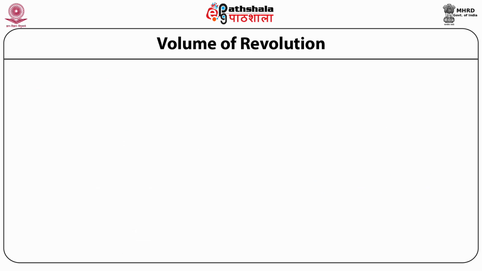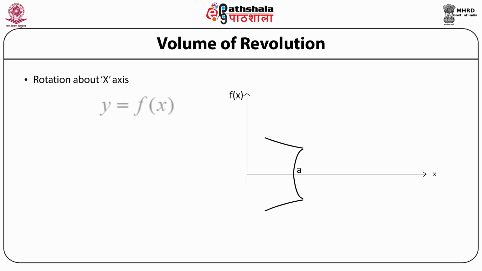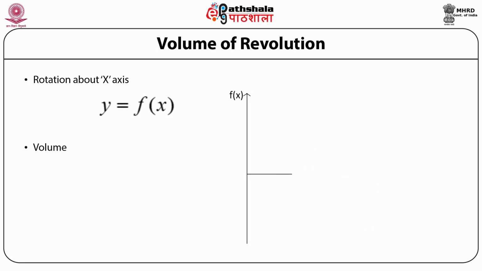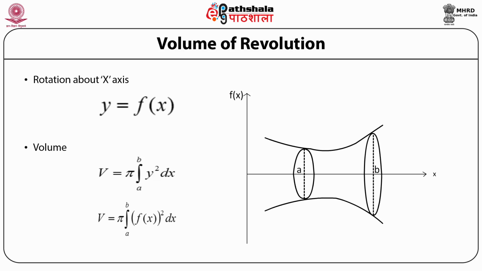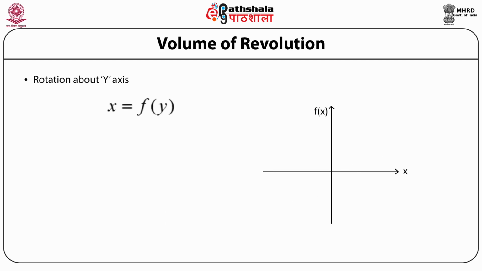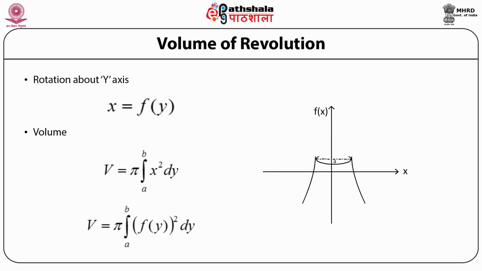Volume of revolution. Rotation about x-axis, y is equal to f of x. Therefore, volume is equal to pi into the integral from a to b of f of x squared dx. Rotation about y-axis. The volume here is going to be pi times the integral from a to b of x squared dy, and that is f of y whole squared dy.